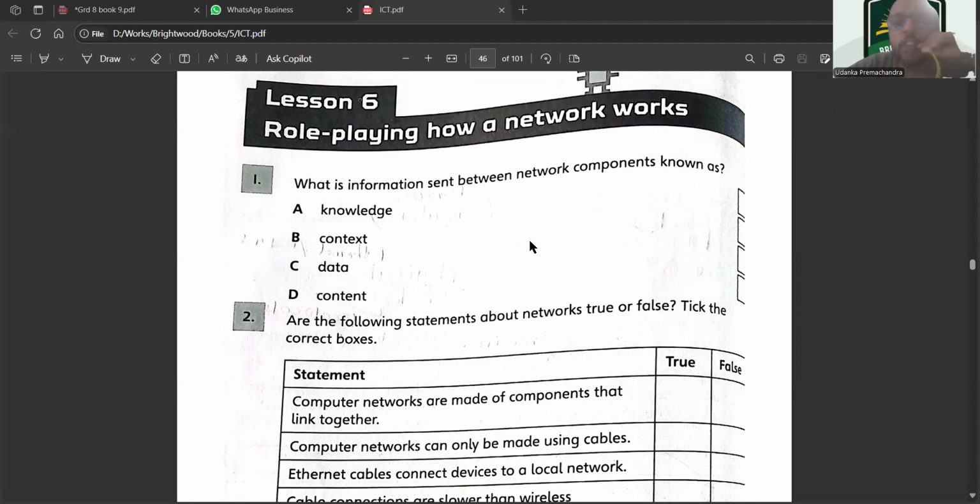They ask it role playing how a network works. We already know what a network is, so we have to continue from that. Try to get the answers from here. We will do questions 1, 2, 3 today.